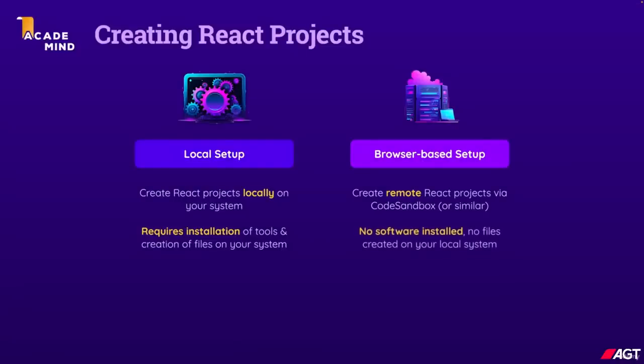When using such a remote solution, such a browser-based React project, you don't need to install anything on your local system, and you don't need to create any files on your local system. Instead, all the React project files, as well as any extra tools that might be required behind the scenes, will be provided and hosted by that remote project provider, so by Code Sandbox, for example.